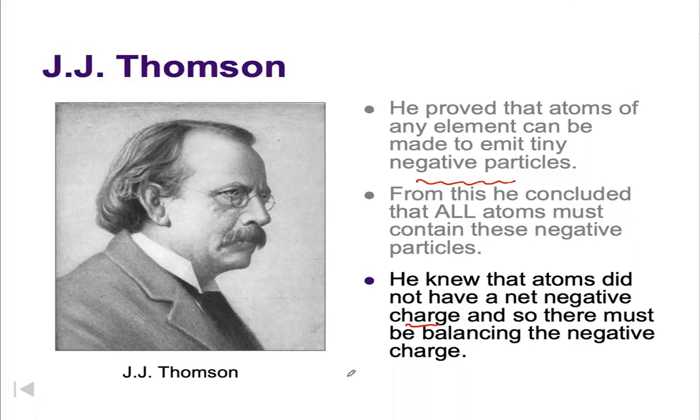The same number of negative and positive charges are present in the atom, and the overall charge on the atom is considered neutral. So what Thomson suggested is that there is another positively charged particle also present within the atom, which keeps the atom neutral. So he discovered electrons so far.